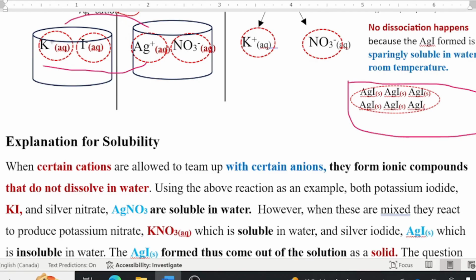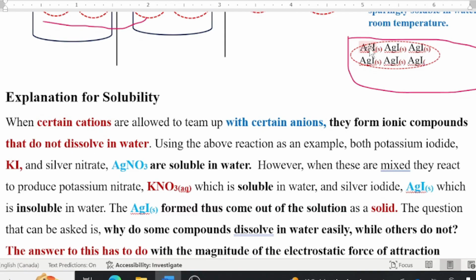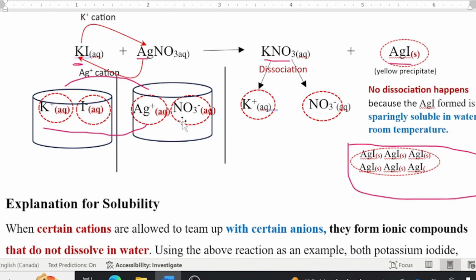This paragraph here deals with why something forms a precipitate and why one does not form. It has to do with the force of attraction between these two ions. In this situation before, there was not a great force of attraction between the silver and the nitrate, nor in this case. But when you allow this to mix, you're bringing new combinations where different affinities happen.